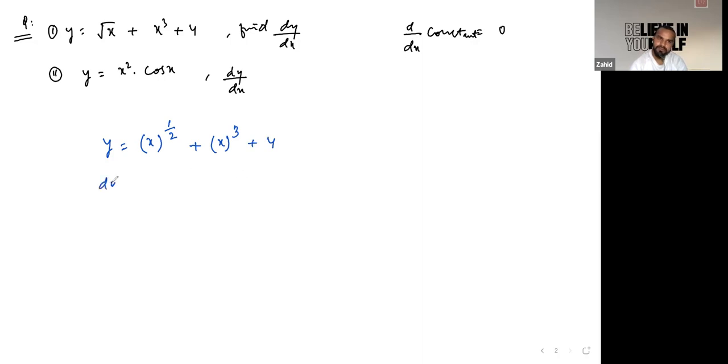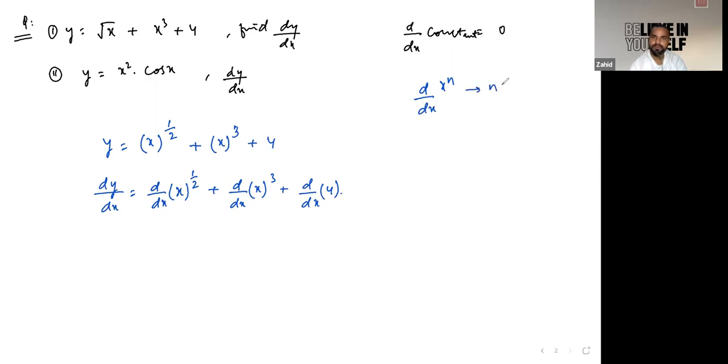So according to the rule of differentiation, dy/dx equals differentiate the first part, x raised to half, plus differentiate the second part, x raised to cube, and differentiate the third part, just 4. Just apply the formula x raised to n. On differentiating it, it will give you n x raised to n minus 1. Try to simplify.